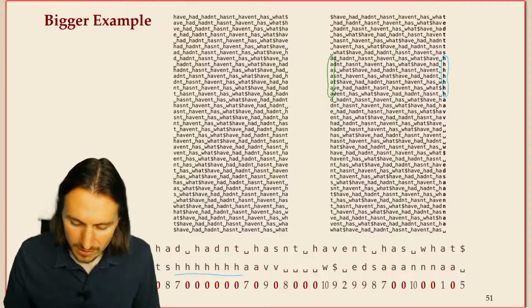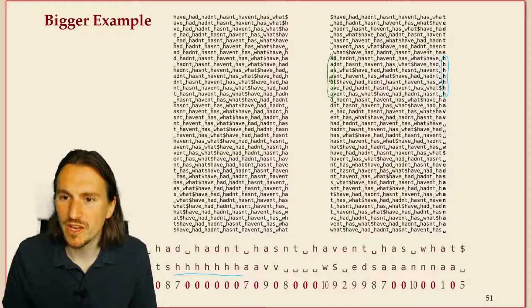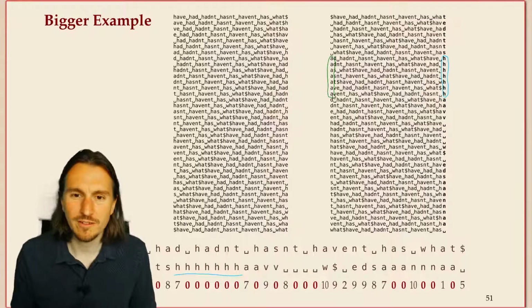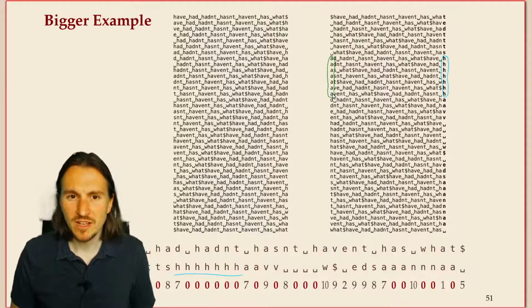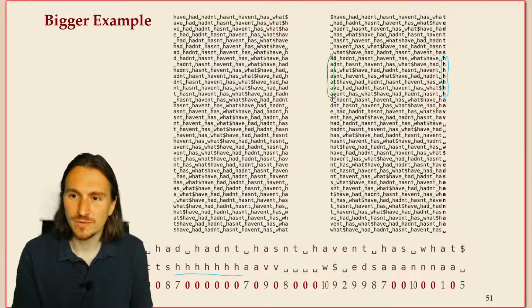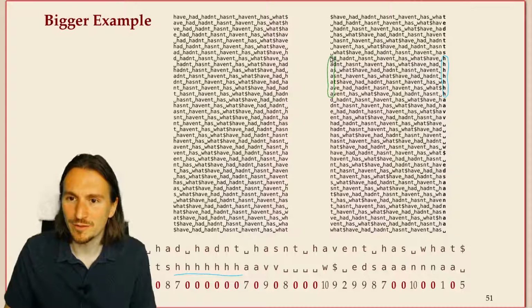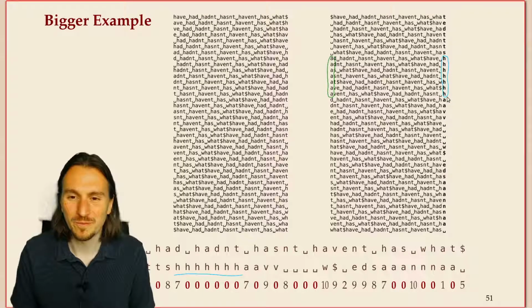And if you check what comes before those, all H's here are before this A. So there's no other character in this example text that precedes the letter A. And that is guaranteed to give us a run of H's, of the length as many A's as we have. We will have a run of H's.